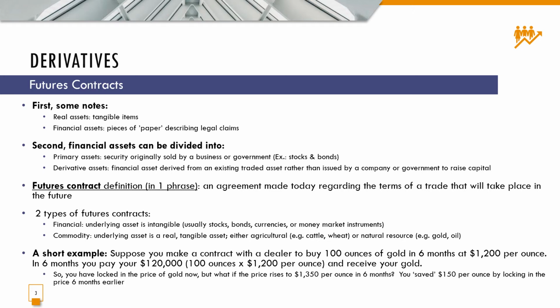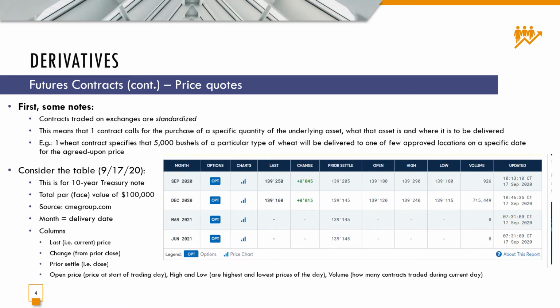Okay, now let's move on with futures contracts and price quotes. First, some notes. Futures contracts traded on exchanges are standardized. This means that one contract calls for the purchase of a specific quantity of the underlying asset, what that asset is, and where it is to be delivered.